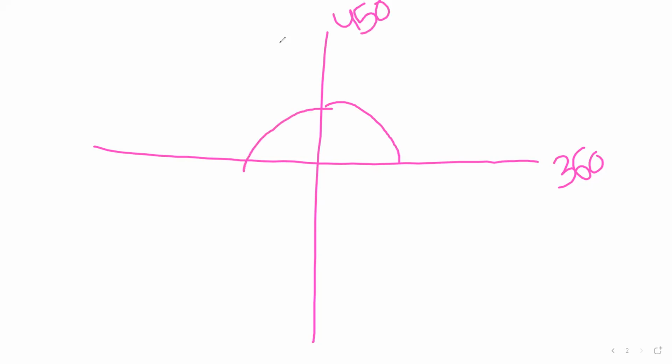Plus 90, you get 540. 540 plus 90, 630. And 630 plus 90, you get 720. This is if you're moving in another cycle.